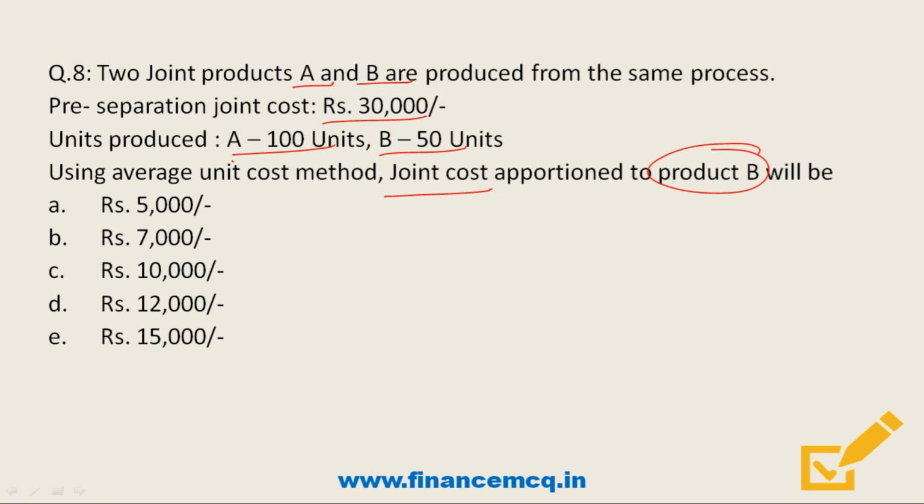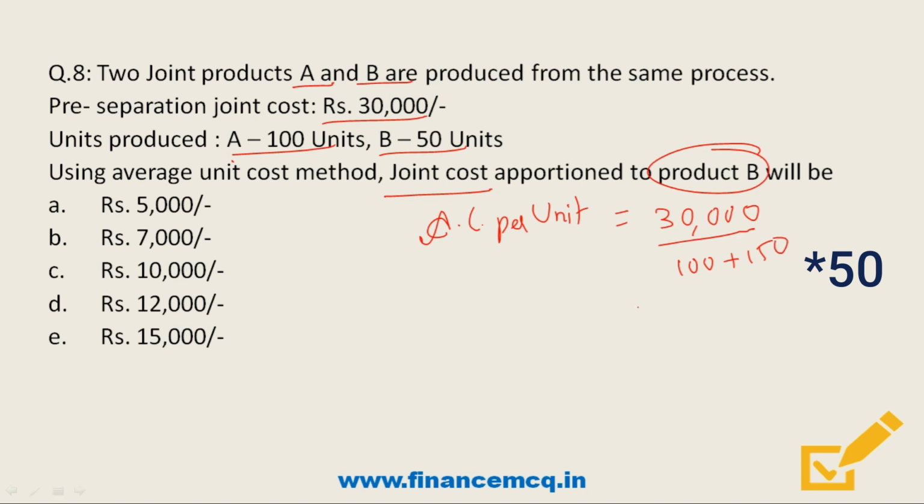So friends, here first we have to calculate the average cost per unit. So that will be calculated by the total pre-separation joint cost divided by total number of units produced, that is 100 plus 50. So this will come as 30,000 divided by 150.